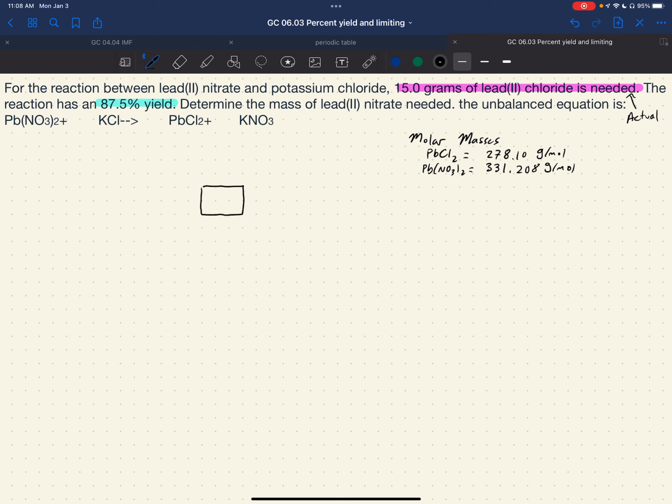So I know that somewhere in this problem I'm going to be doing a molar ratio to go from moles of PbCl2 to moles of Pb(NO3)2. Okay, and then from there, I need grams of lead 2 nitrate, so I can just use molar mass.